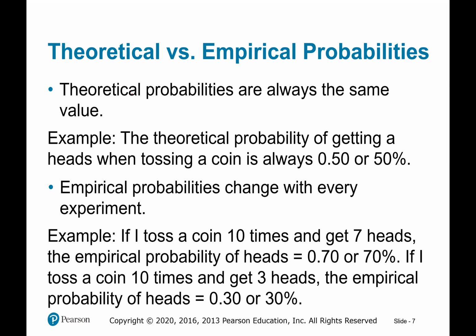You have to understand that the theoretical probability is always the same value. Say you toss a die. The chance of getting a face with one dot is 1 out of 6 in the long run, and it's going to stay the same value forever.